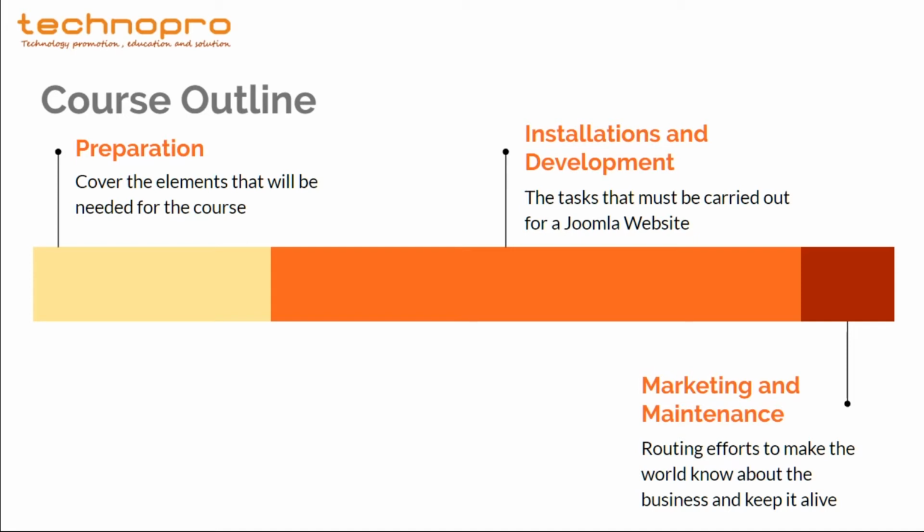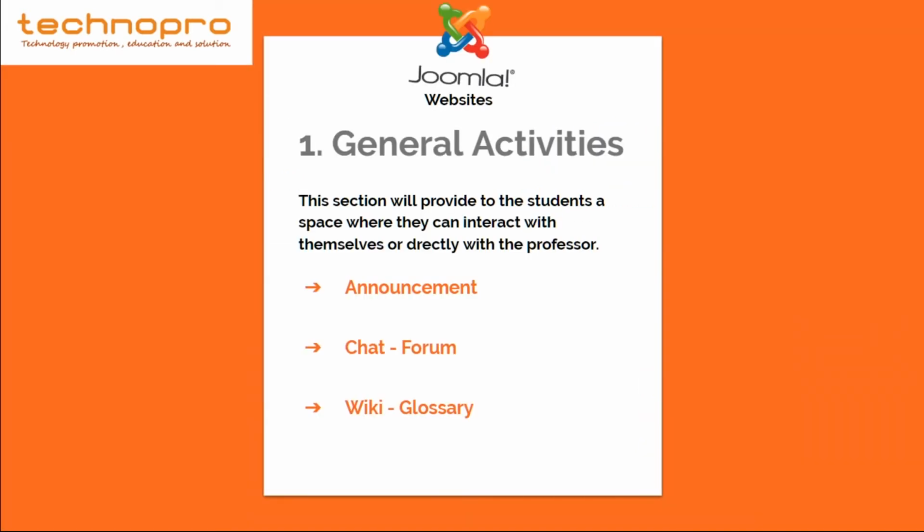Just to get a little bit detailed, on the course we have considered it important to have a general activities section where you'll find every piece of news that we have, things that we want you to know, and you'll find that in the announcements. So it will be a very good idea to check the announcement part of the general activities so you know exactly what we want you to know.